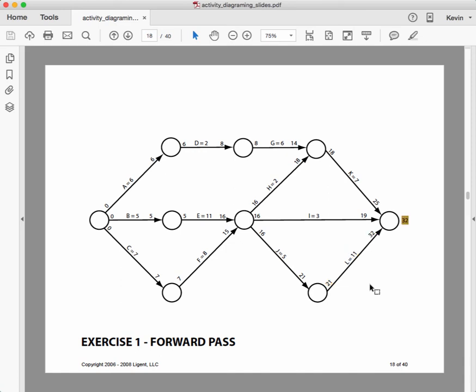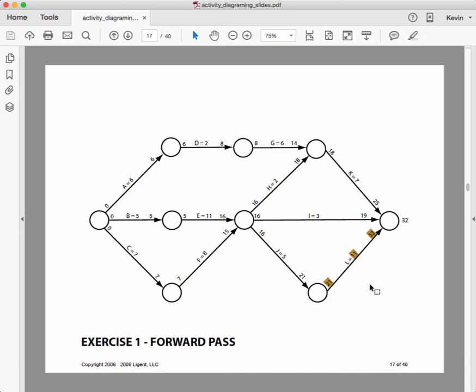And then finally, did we already do I? Yeah, I think we already did I. I'm sorry. So we already did I at 19. So if we look at the tasks that are coming into the final node, they have early finishes of 25, 19, 32.